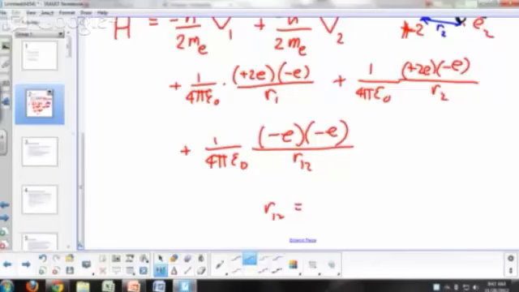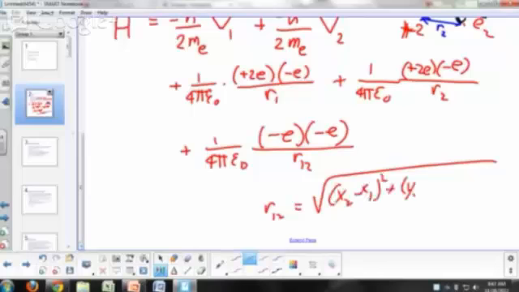It's just what? It's the distance between 2 points in 3 dimensions: the square root of (x2 minus x1) squared plus (y2 minus y1) squared plus (z2 minus z1) squared. So you can see here r12 depends on the coordinates of both the electrons, right?